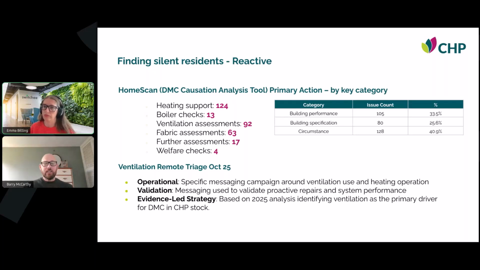Well, I think there was a sector-wide response, and the listeners might be able to relate to this, to the outcome of Awaab Ishak's death, which was that we can't blame lifestyle, and that was taken to mean that we can't talk about it, we can't deal with it, we have to repair our way out of this problem. And our organisation was very similar. We dealt with the processes that were in there.